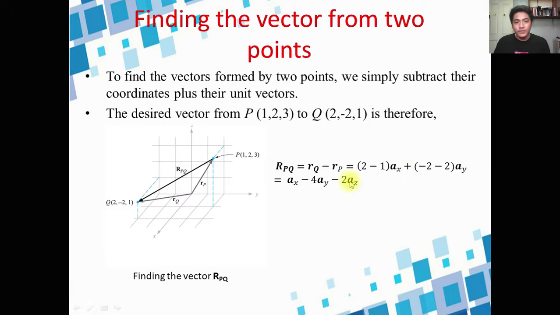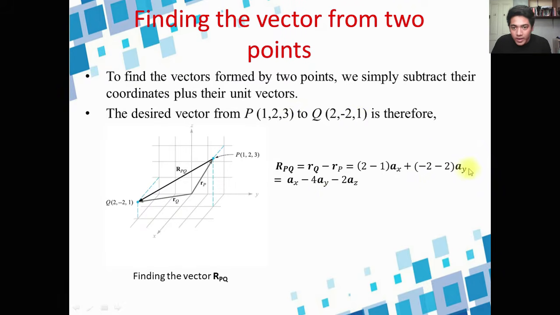So in this case, if we want to get the vector from P to Q, it means the terminal point is Q, so that is the first one we subtract. So we have 2 minus 1, negative 2 minus 2, plus, okay, then 1 minus 3.